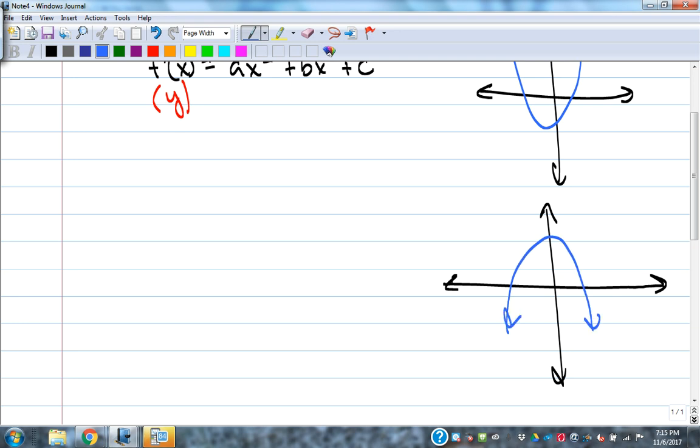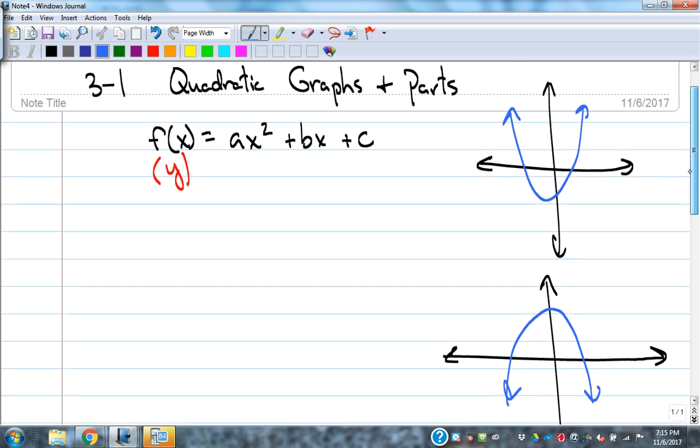The direction that the thing opens is based on A. If A is greater than 0, what kind of number is it? Positive. If A is positive, the graph's going to look like that, opening up. If you're a positive person, you're smiling a lot, the corners of your mouth go up, right?